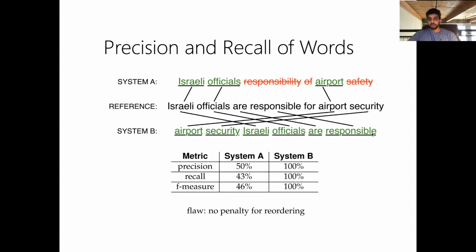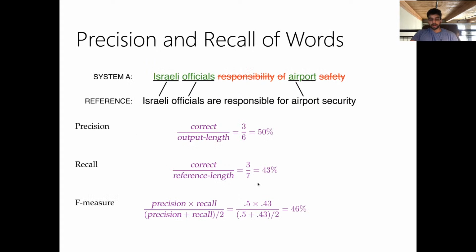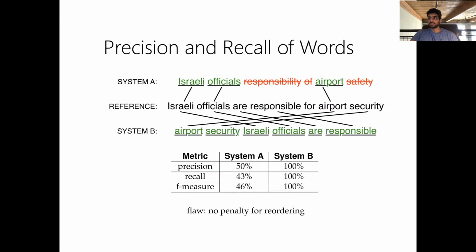So I think here we would like to say that, I mean, it's a little unclear which one of these is better, but if you use the metrics that we've defined here, which simple precision and recall of the words, system A is scored much lower than system B, and system B actually achieves 100% F measure on this task.